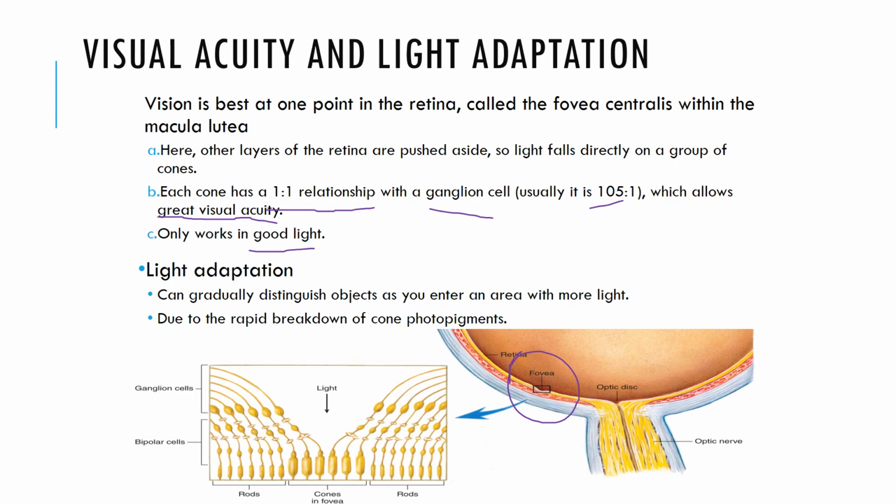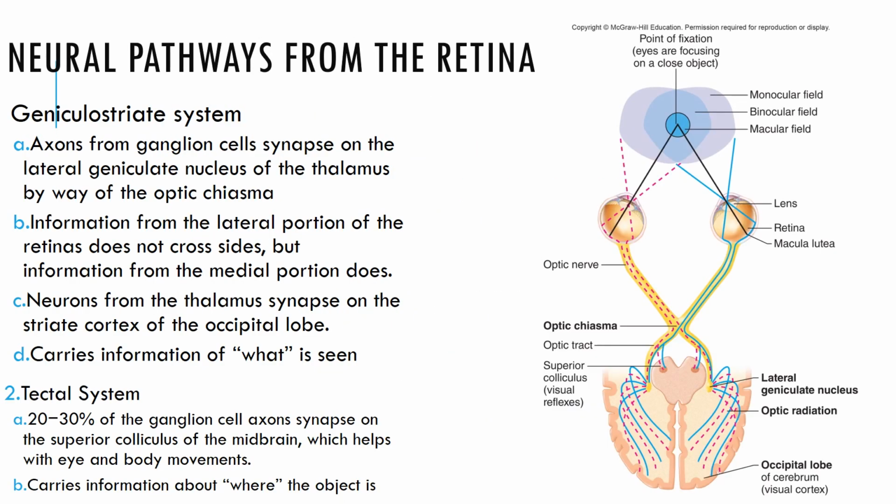How we perceive information from our retina to our brain is through two different systems: the geniculostriate system and the tectal system. With the geniculostriate system, the axons from those ganglion cells project onto the lateral geniculate nucleus of the thalamus, by way of the optic chiasm.